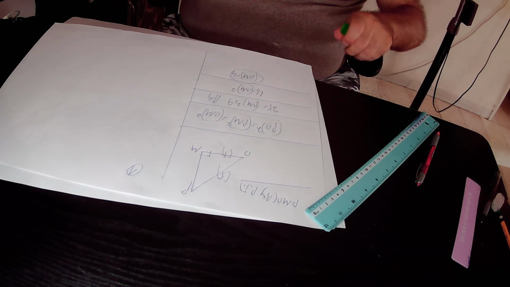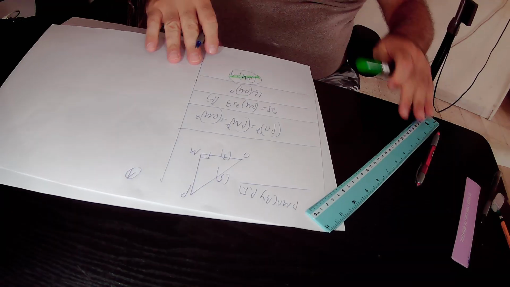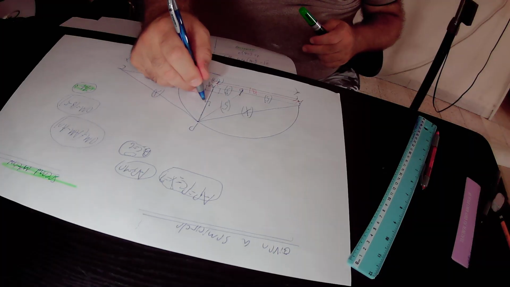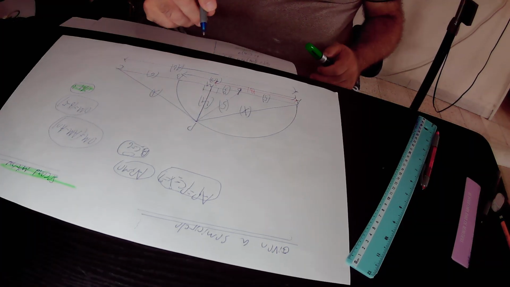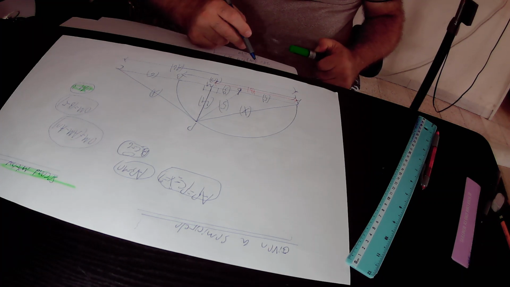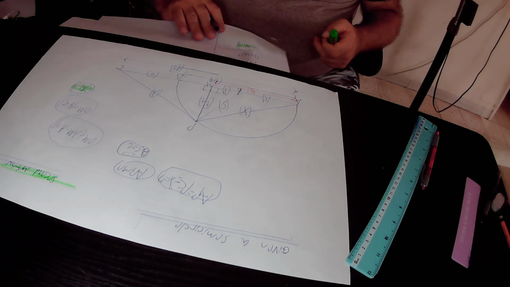So actually, this is the missing side PM, that equals 4 units in length. In the next step, I'll copy the big right triangle APM onto a new page, and we will apply the Pythagoras theorem on it.